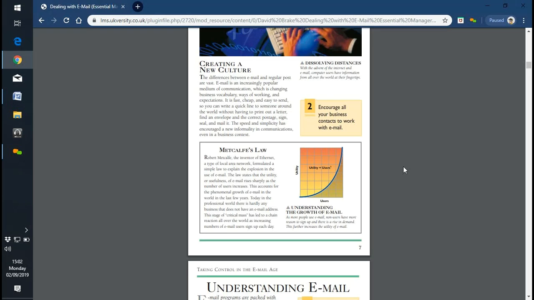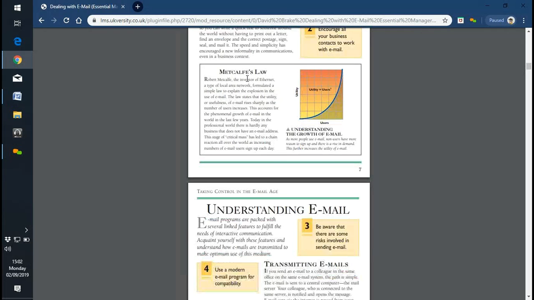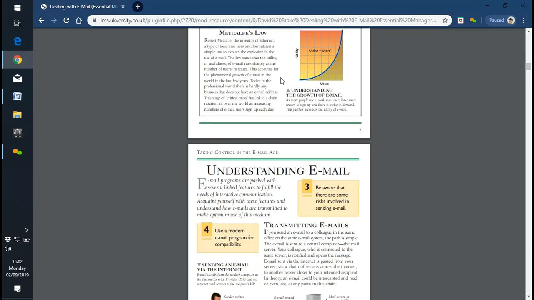Sometimes just sending an email is not good enough. If it's something that everybody must understand and be aware of, then you need to get people together into a meeting to do that. Or an online meeting like this, a virtual conference. But an email message itself would not be the best medium for transmitting that sort of information.